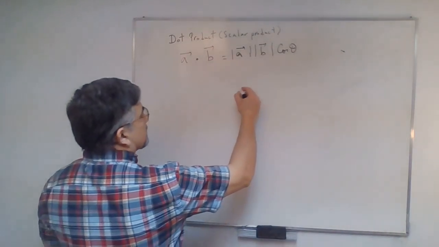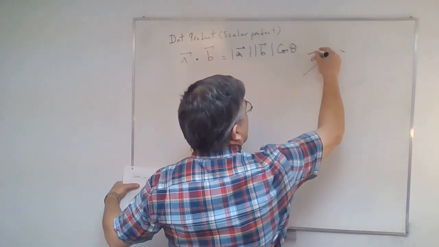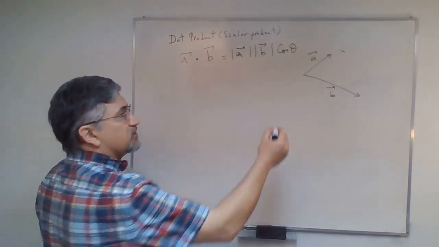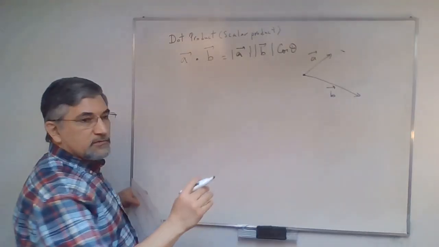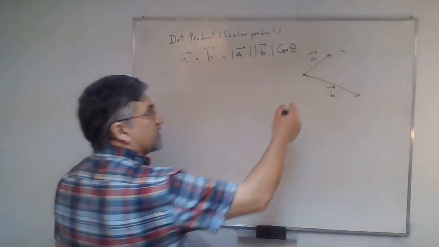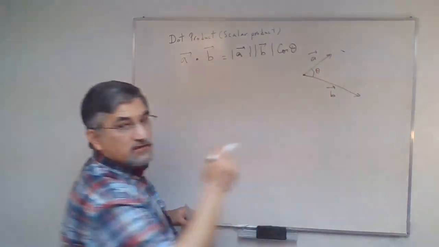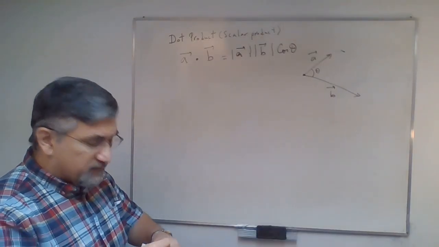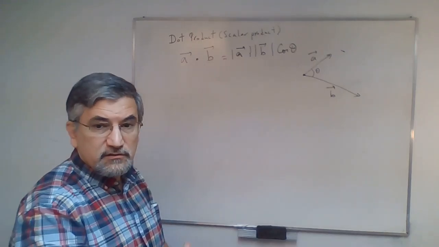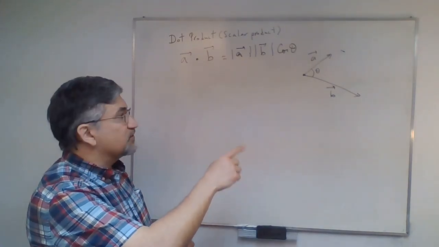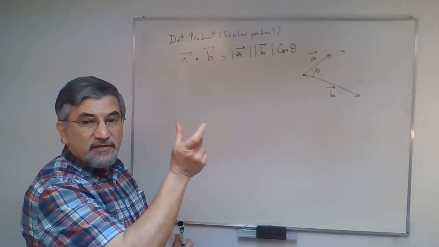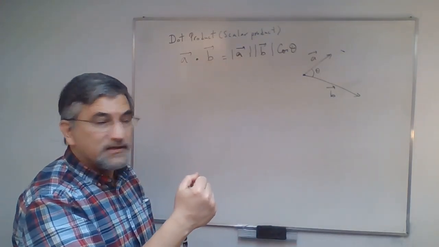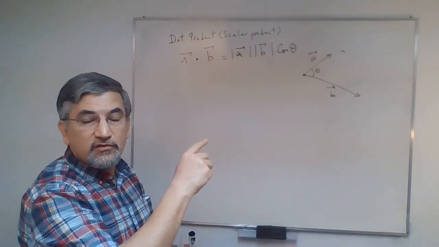So if you have two vectors, let's say vector A and vector B, drawn tail to tail, and they make an angle of theta with respect to one another, then if you take the magnitude of the first vector multiplied by the magnitude of the second vector and times the cosine of the angle in between, that scalar that you get is called the dot product of the two vectors.